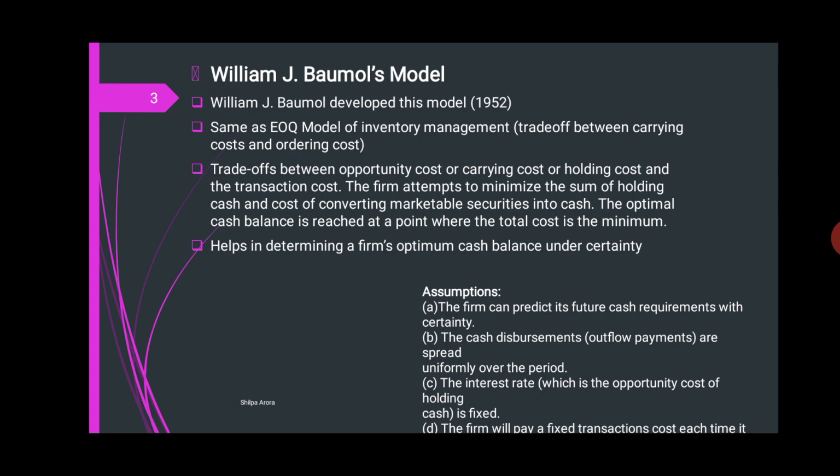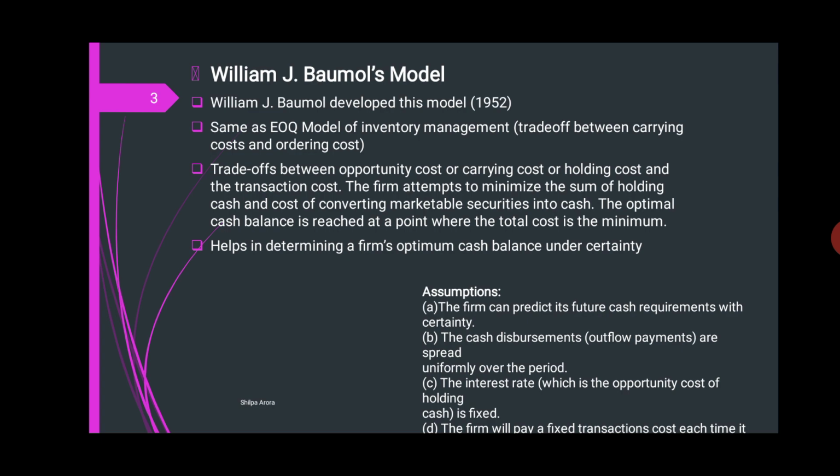In the inventory management model of EOQ, the objective was the same, that total cost should be minimum where ordering cost and carrying cost are summed. This model helps in determining a firm's optimum cash balance under certainty. There are mainly four assumptions of this model.